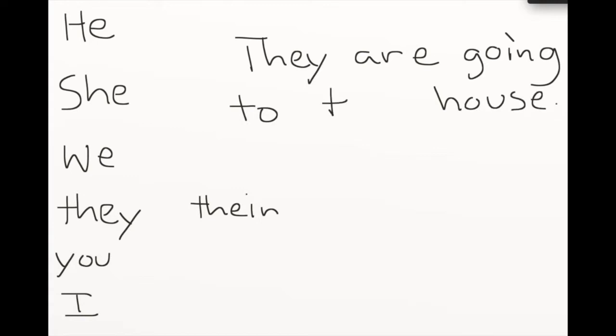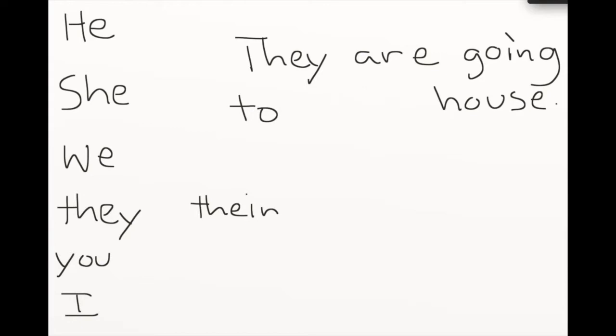I'll write it right here. Their house. Now let's switch it out with some other ones. They are going to his house. They are going to that boy's house or that man's house.